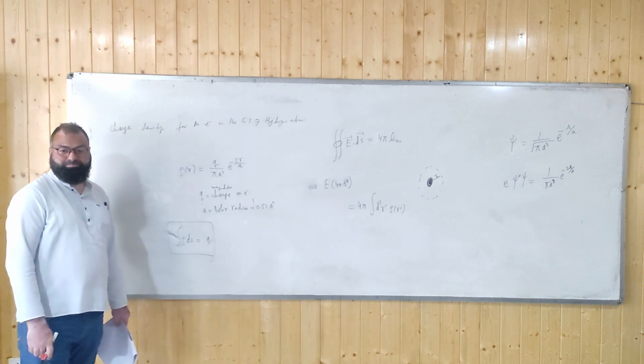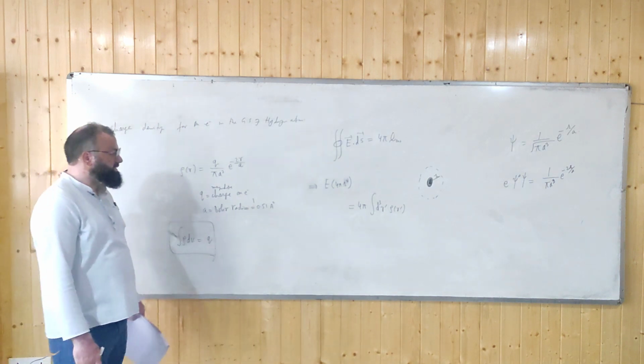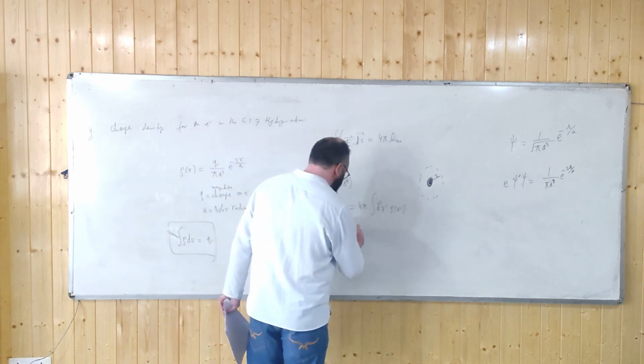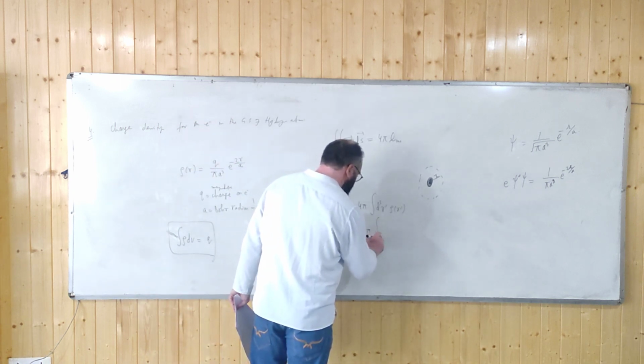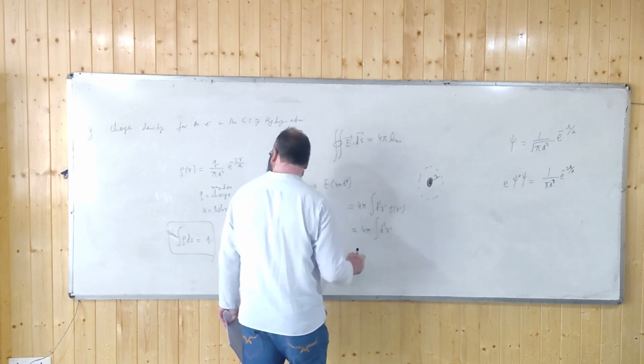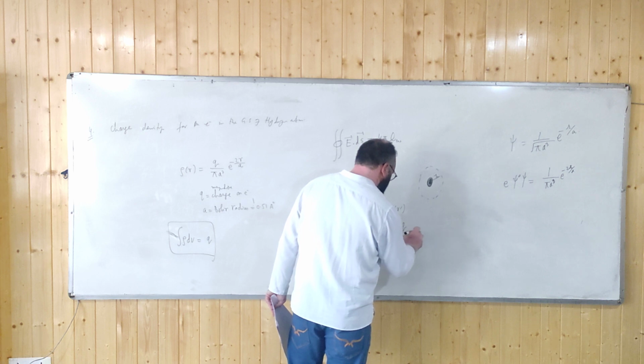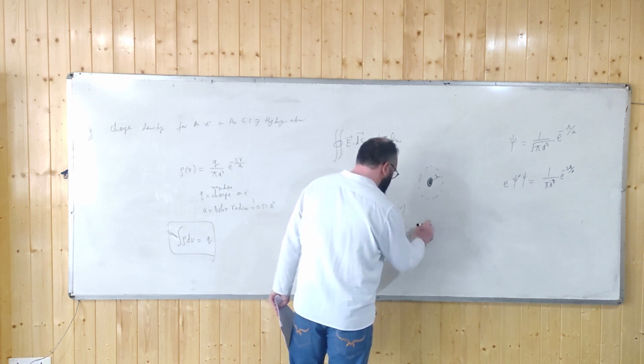Clear? So this is the amount of charge, equal to the integral of rho of r prime d3r prime. What is rho of r prime? It's Q divided by pi a cube e raised to minus twice r prime by a.